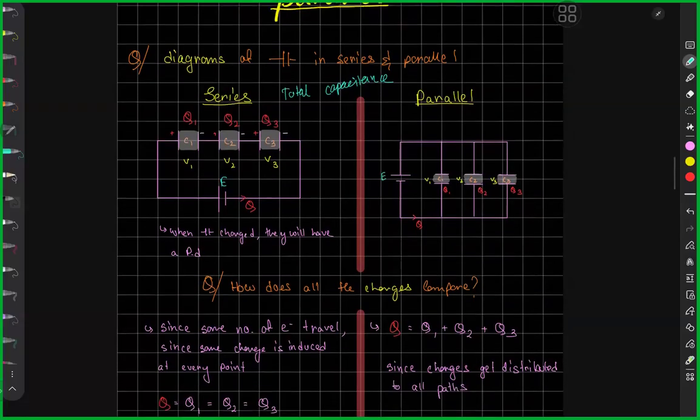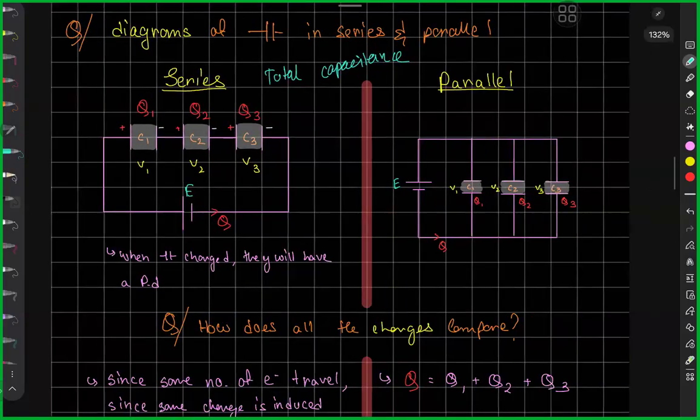Now, what happens when they're in series? I'll show. So I have capacitors. Notice how I'm marking these: C1, C2, C3. C1 has potential difference V1 across, C2 has potential difference V2 across, and so on. And Q1, Q2, and Q3 is basically the amount of charge flowing through them.